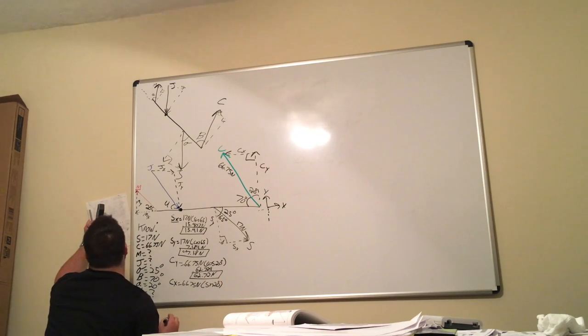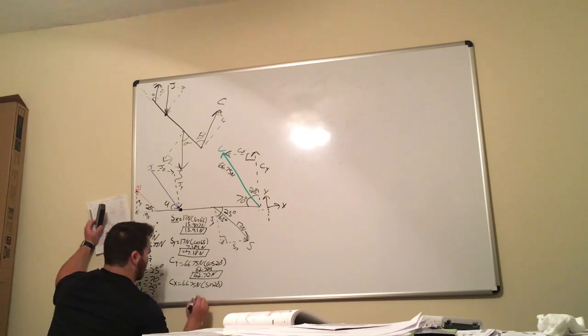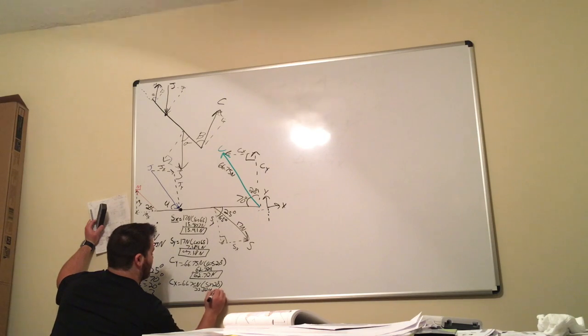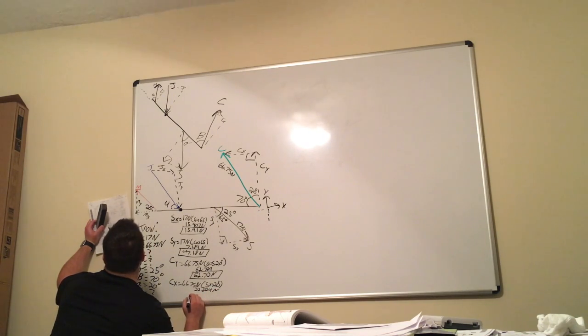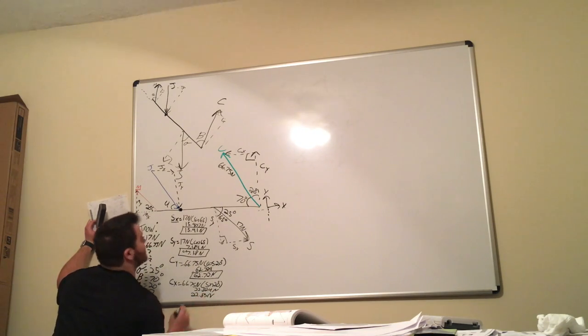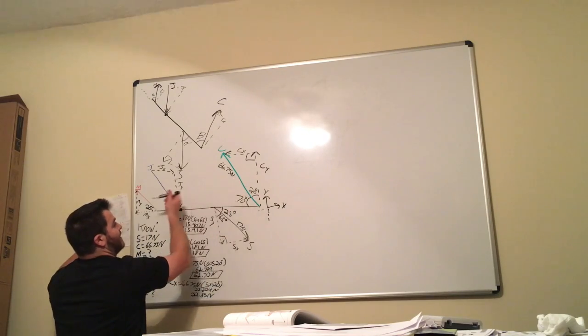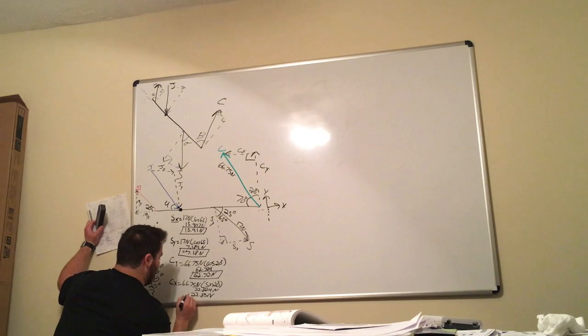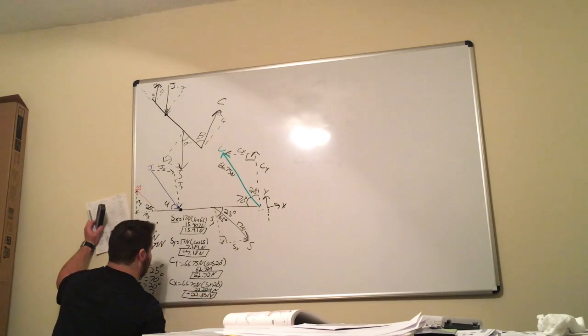And that gives you 22.829 newtons, which we will round to 22.83 newtons. And it is going to the left, so it is in the negative direction. So that will be a negative 22.83 newtons.